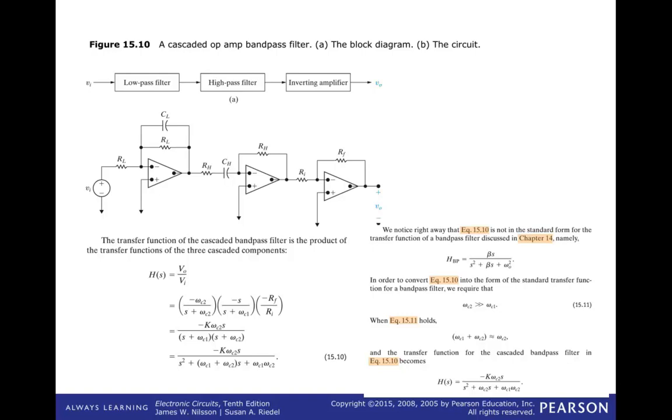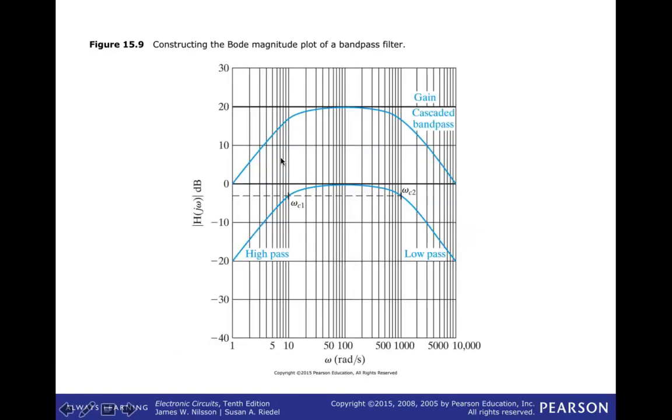So involving multiple filters, especially the closer the cutoff frequencies are together, the less the actual outcome approaches your design. So this is the approach toward building a bandpass filter with op-amp circuits.